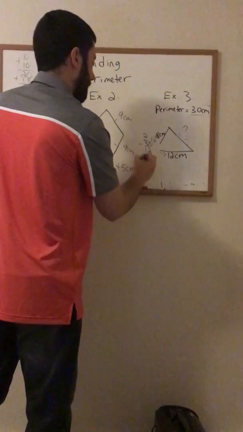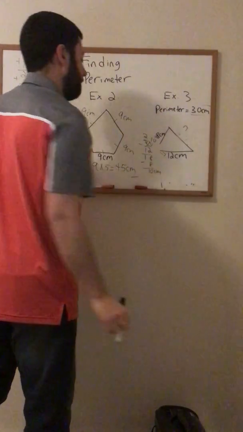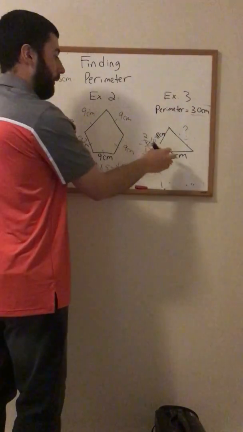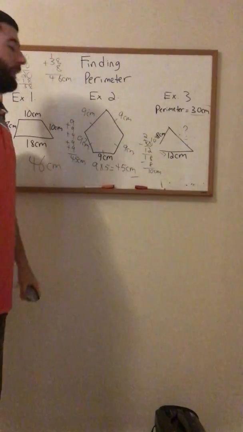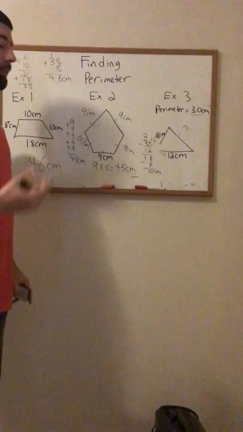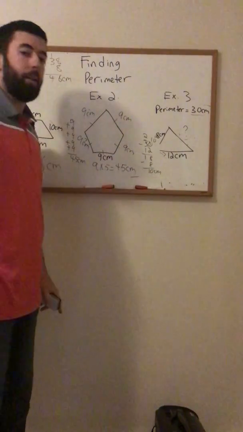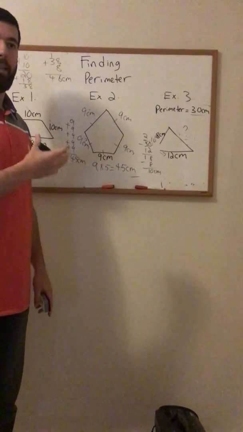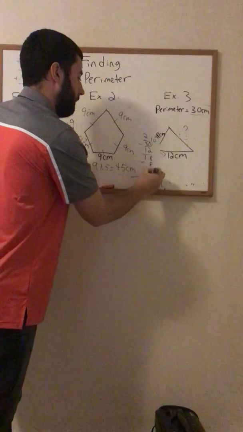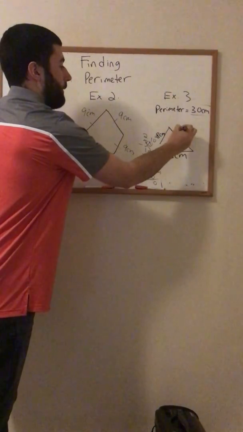And then I minus another 8, and I get 10 centimeters. Now, I started with my total and I subtracted 12 first, and then I subtracted 8, and I'm at 10 centimeters now. So in order to figure out what this side is, I would have to subtract again until I get to 0. So if I'm at 10 centimeters, what would I subtract from 10 to get to 0? Well, 10 minus 10 would be 0. So I know that this would be 10 centimeters.